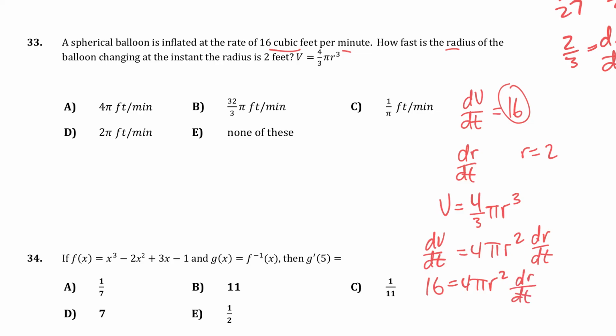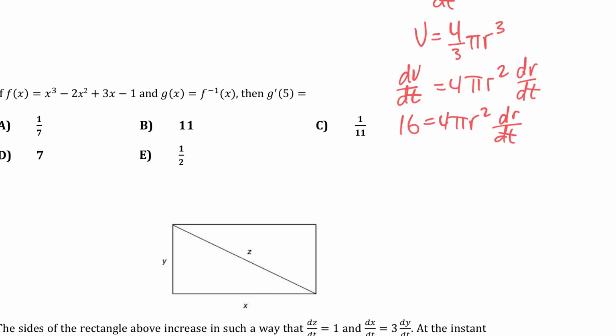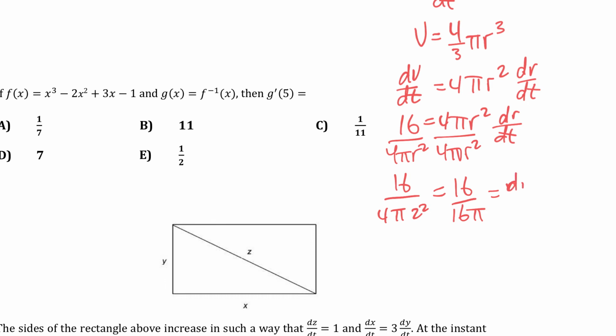Now here comes the algebra. Divide by 4 pi r squared. And I want to say the radius is given to us as 2. So that's 16 over 4 times pi times 2 squared, which is 16 over 16 pi equals dr/dt.